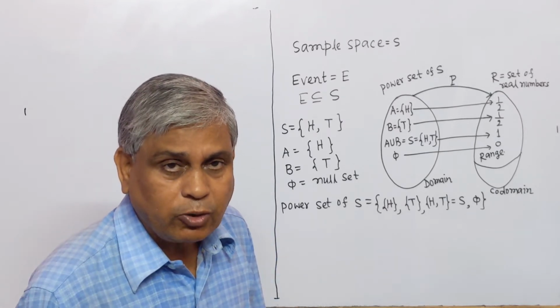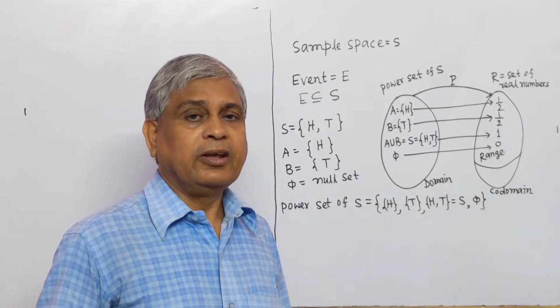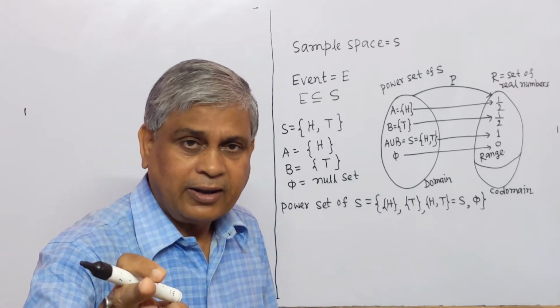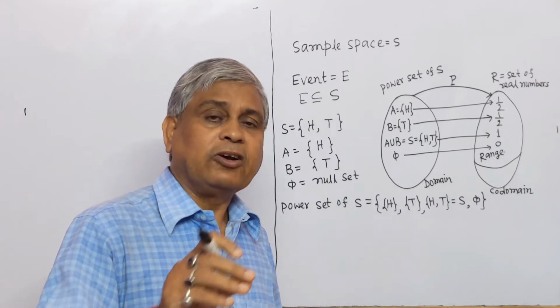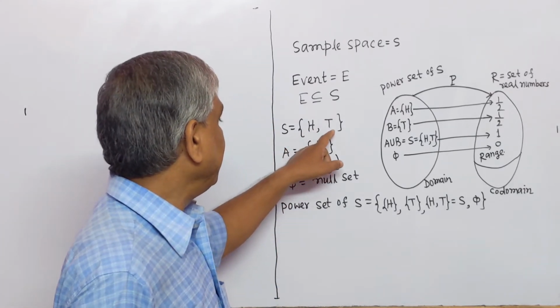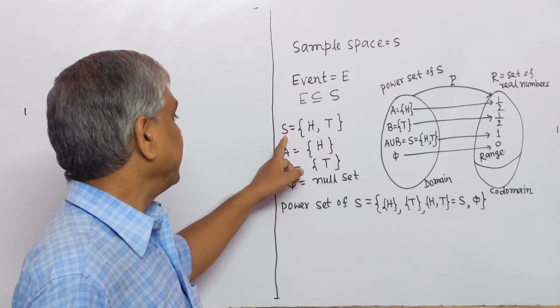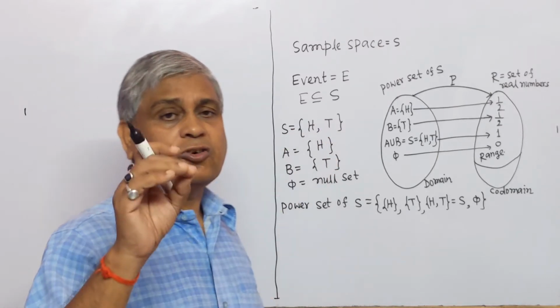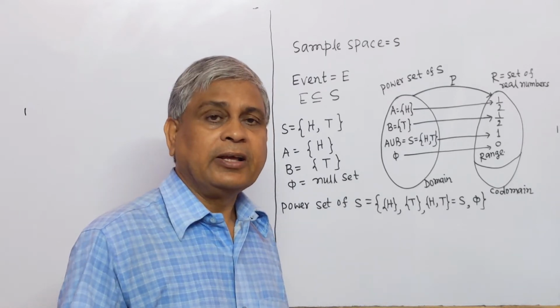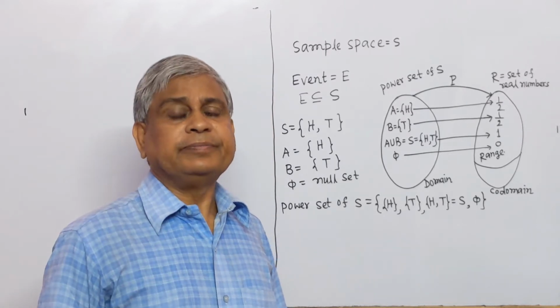If we toss a coin, outcomes are head or tail. We collect all outcomes, head and tail, and make a set S. This set is called a sample space for the random experiment, throwing a coin.